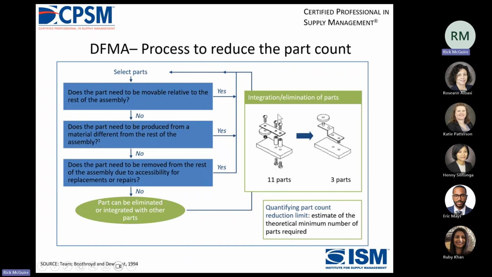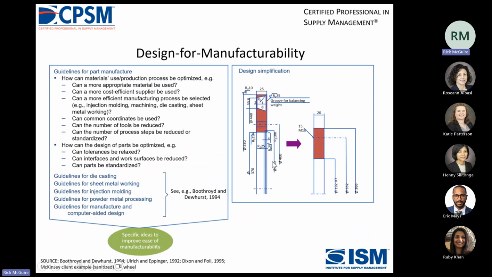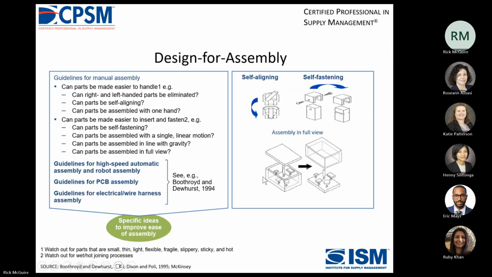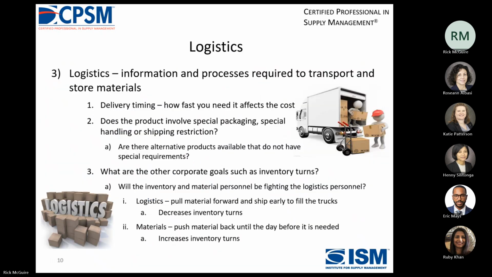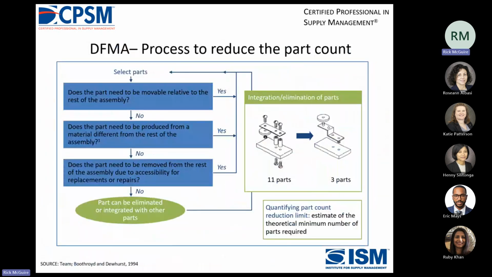So, here's the elimination of parts. You've got all these parts, 11 parts. Somewhere in here. You've got 11 parts, and you bring it down to 3 just by combining the parts.